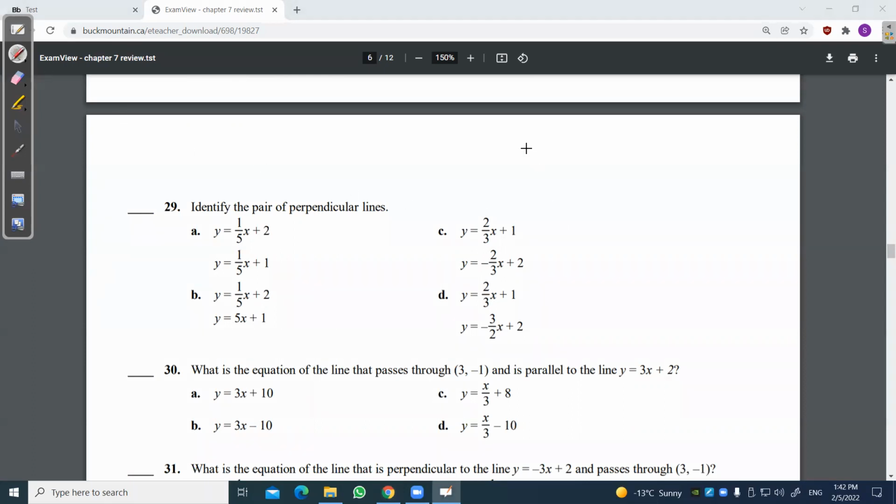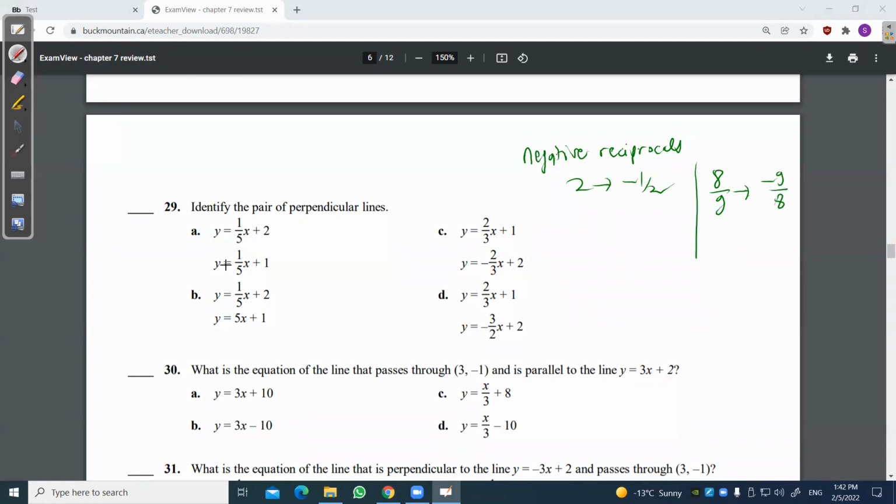No, not just that. They have to be negative reciprocals, okay? You have to flip them. So if you have 2, it's going to become -1 over 2. If you have 8 over 9, it's going to become -9 over 8. So flip and negative.